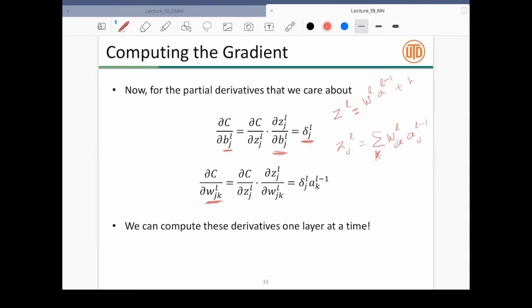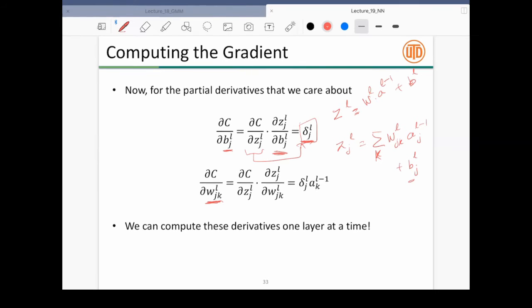And actually there's a plus, so this should be plus b L. This is the parameter at layer L, so this is b L j. Now you take the gradient. The gradient with respect to C, this term over here, is delta j. And you take the gradient of z with respect to b, and this term is 1. So you're left with delta j L.